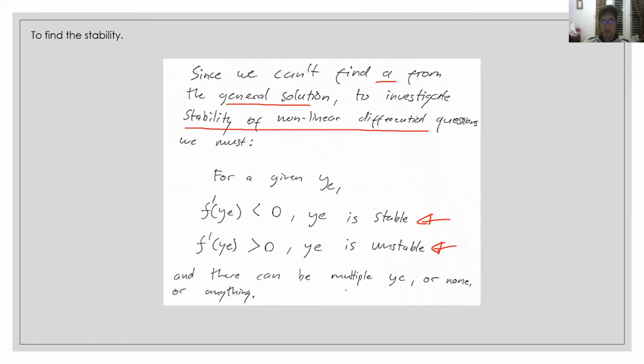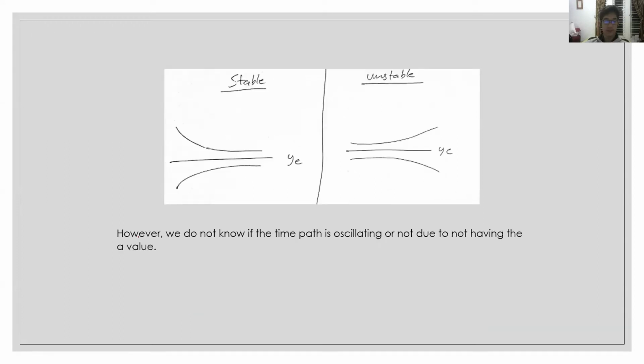We must keep in mind that there can be multiple ye's for nonlinear differential equations, or maybe there are none. It can be 1 ye, 2 ye, anything. Of course, stable means trending towards ye, and unstable means trending away from ye.